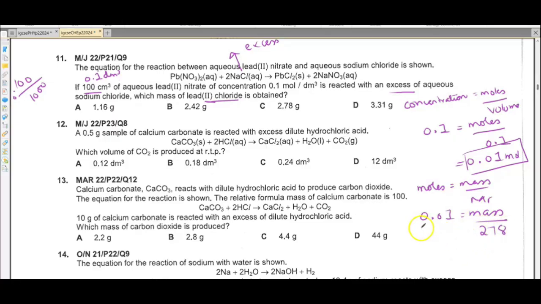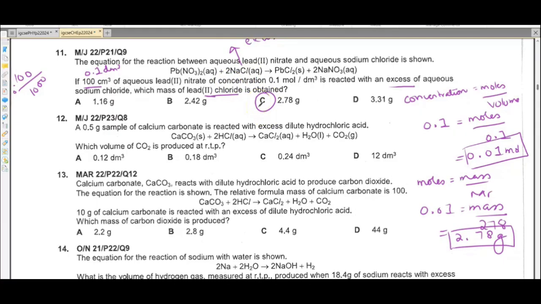Okay? This 278 into 0.01 is going to give us a mass of 2.78 grams. So this is the mass that is obtained when aqueous lead nitrate is reacted with aqueous sodium chloride. ठीक हो क्या? So where is our option? C. C is our correct option.